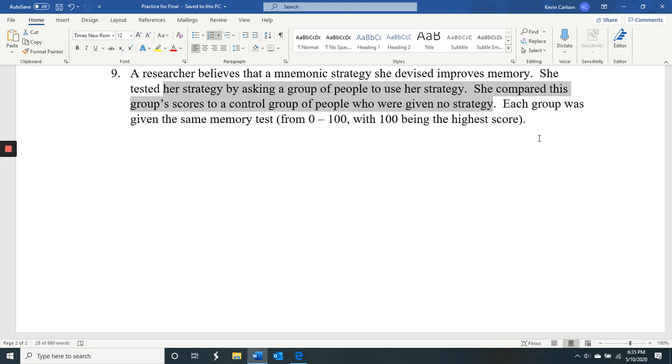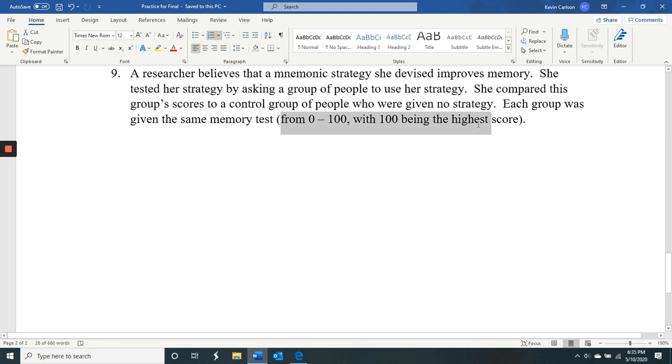This one's an IV. It's a between subjects design. And we're comparing them on a ratio level measurement of the memory test. So two levels, between subjects design, comparing two separate groups on an interval level measurement. This is going to be an independent t-test.